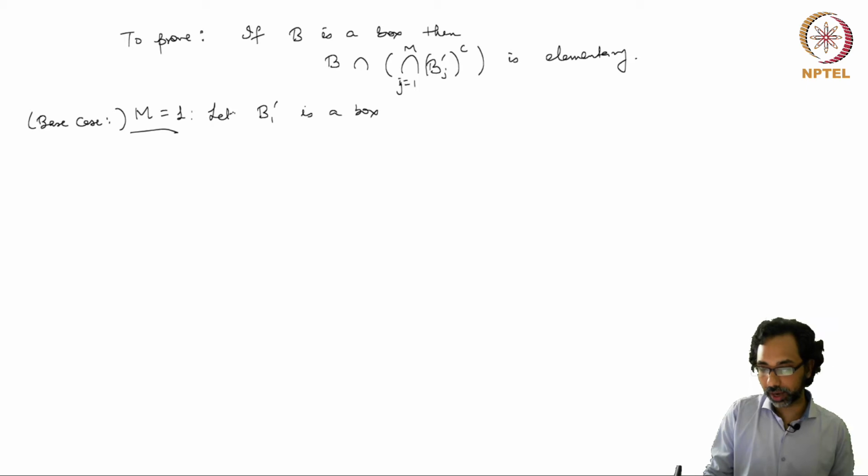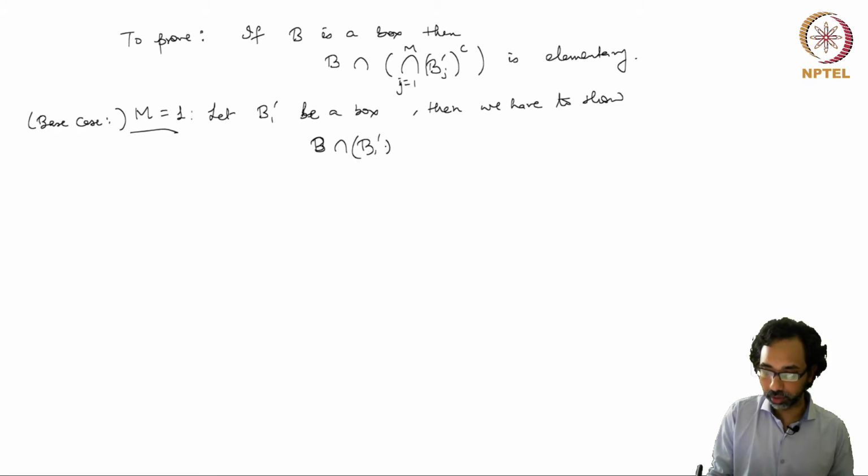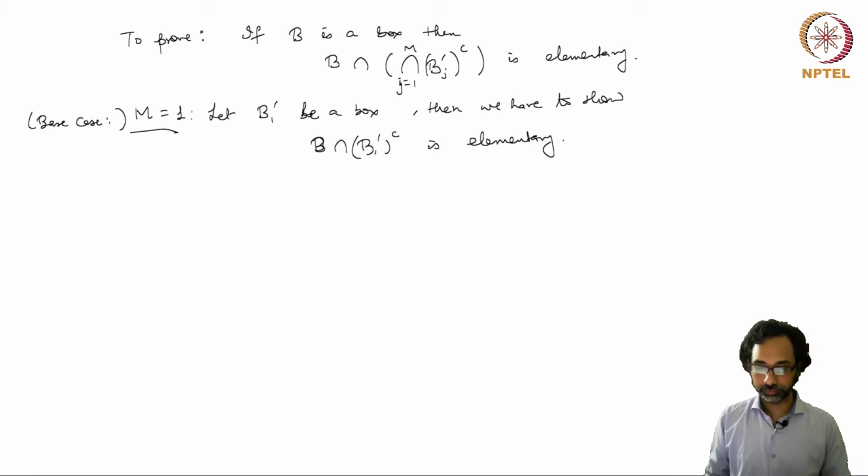So let B1 prime be a box, then we have to show that B intersection B1 prime complement is elementary. So what we are going to do is to break it up into coordinates, and we will see what happens for each coordinate.